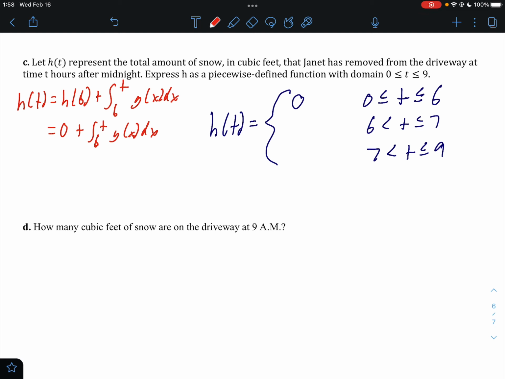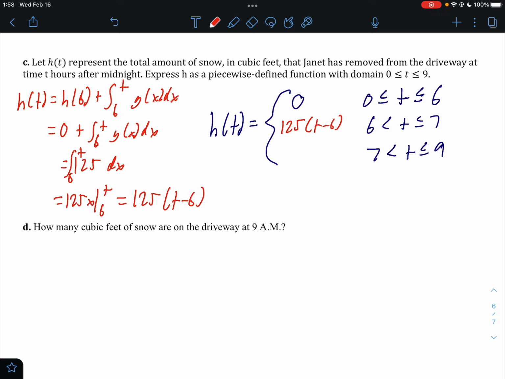Because g of x is 125 there, it's the integral from 6 to t of 125 dx. So that would be 125x from 6 to t, which is 125 times t minus 6. And that's going to be our equation right here, 125 times t minus 6.